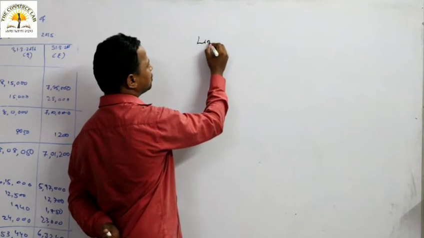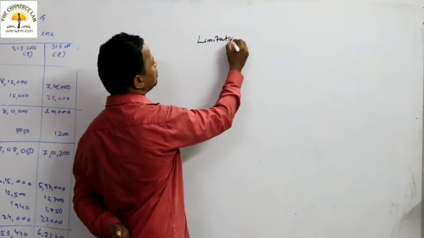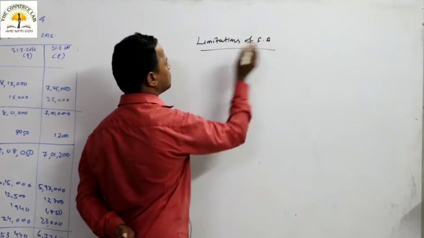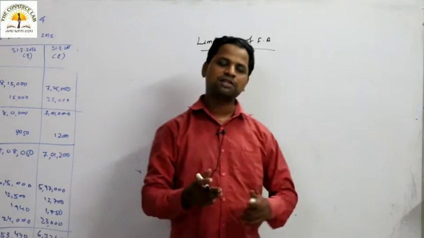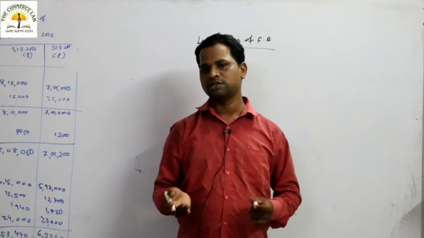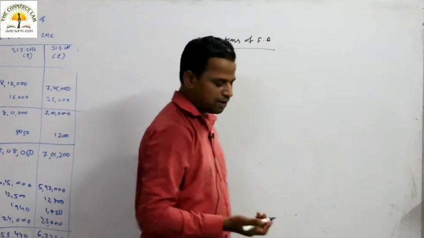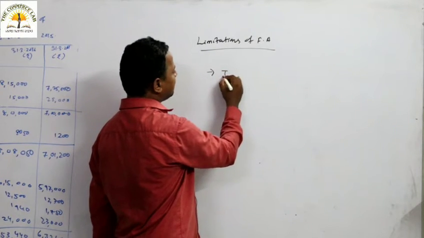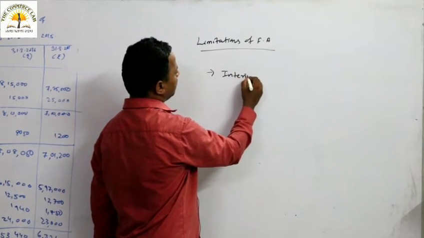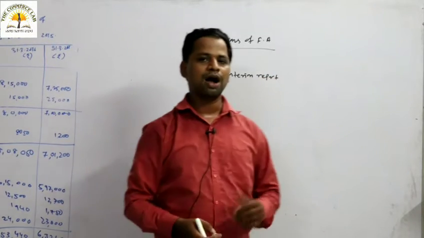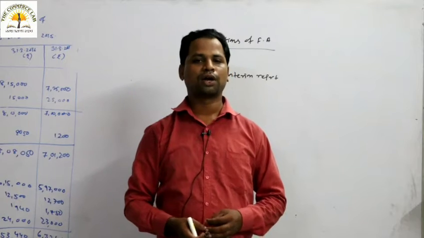Then what are the limitations? Limitations of financial analysis. Today we are discussing the limitations. Whatever the limitations of the financial statement are, the same limitations apply to financial analysis. What is the first limitation? It is just an interim report, so you can't know the final position of the organization.